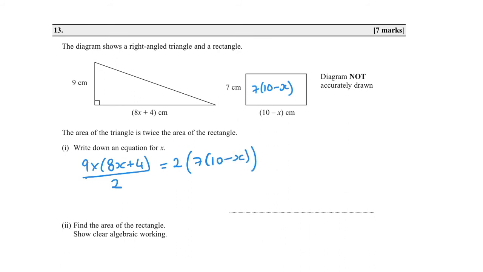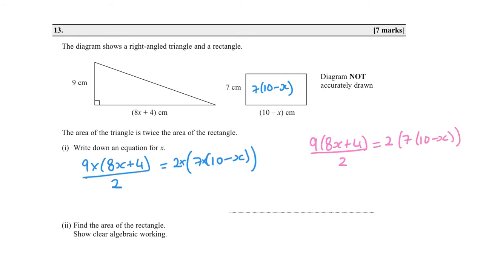Okay? Now remember, you can put times there, but mathematicians, we're innovative, a little bit lazy, so we don't write the times. So what we have is 9 lots of 8x plus 4 divided by 2 equals 2 lots of 7 lots of 10 minus x.